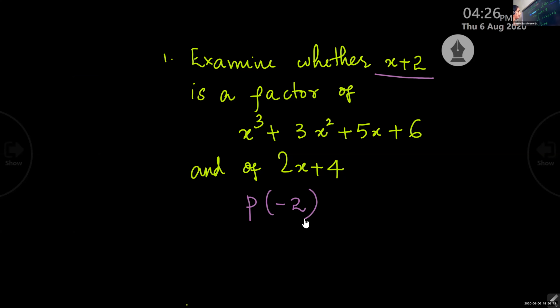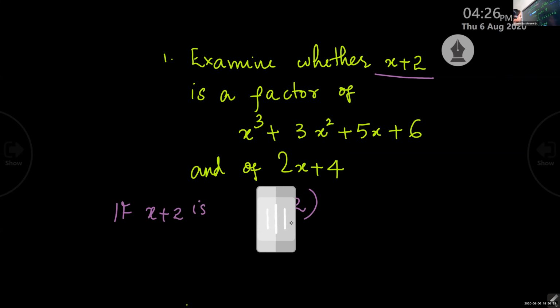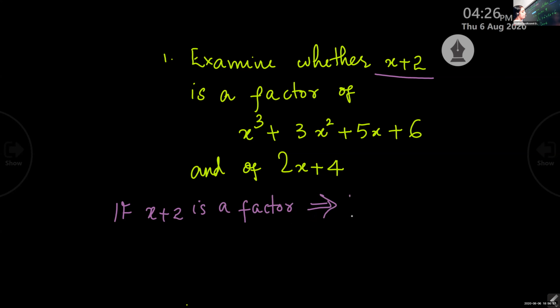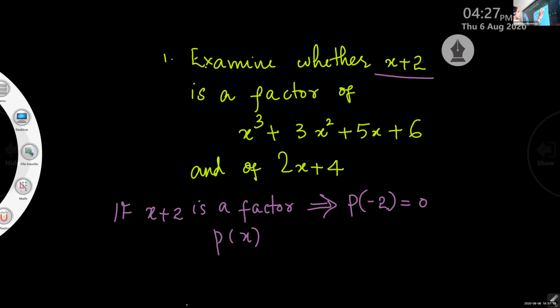So you proceed like this: if x plus 2 is a factor, implies P of -2 is 0.